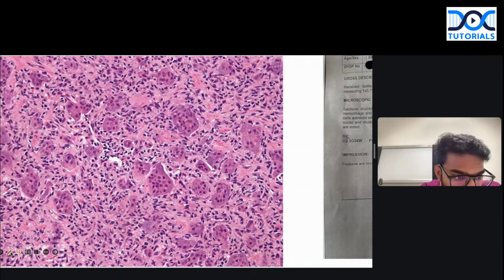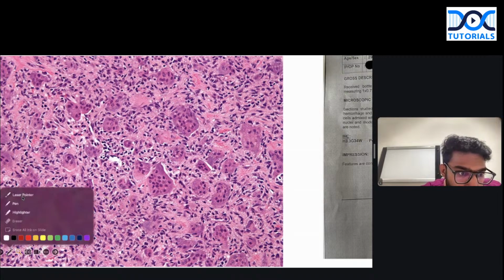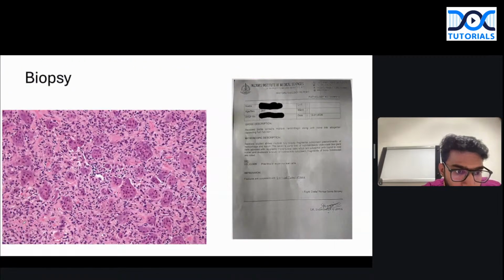Let me put it through a pointer. You guys will understand better, or highlighter will be a better option. So these are the spindle shaped cells that I'm trying to, okay, doesn't look good. So yeah, let me explain it with the marker only.